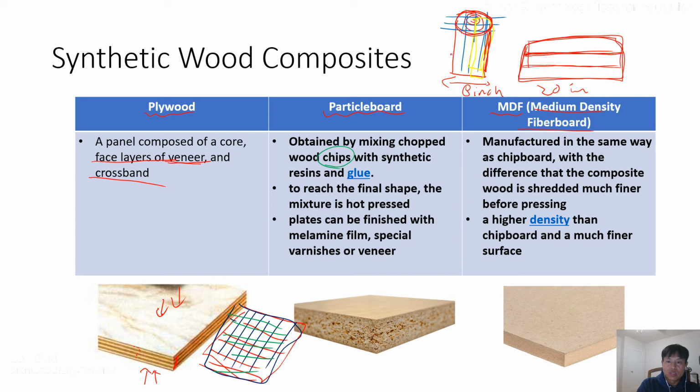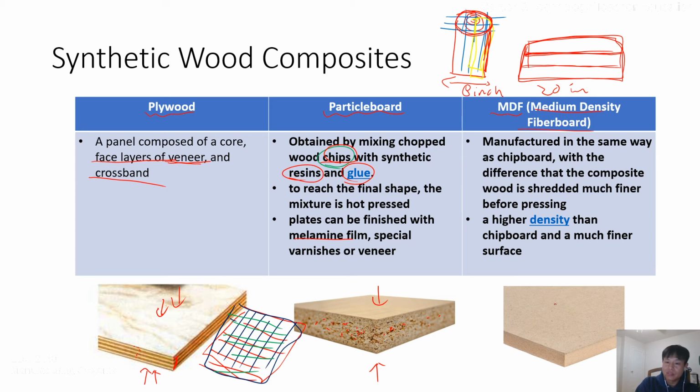From the wood we get chips, and then we glue the chips with high temperature and high pressure with resin and glue. We put a lot of glue, and also we use veneers or laminate film on the top and bottom. This is the particle board, and the third type is MDF.